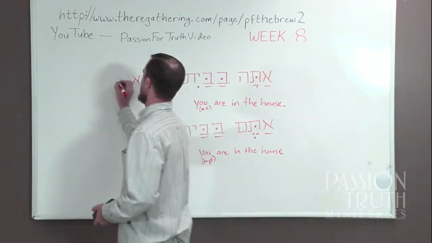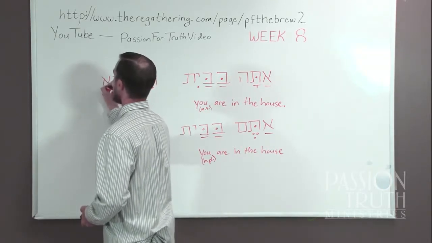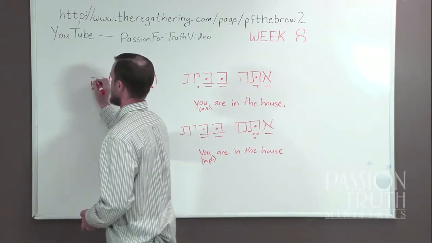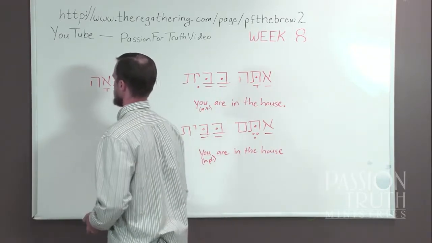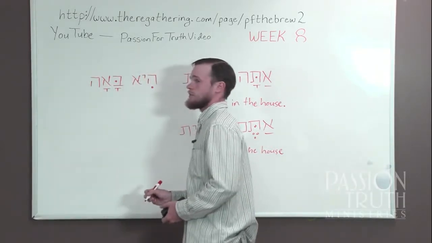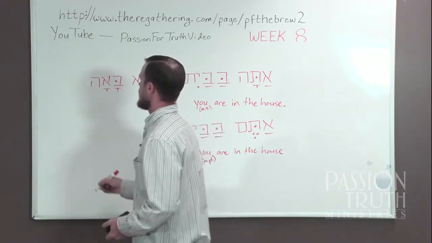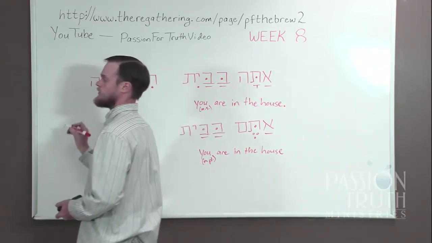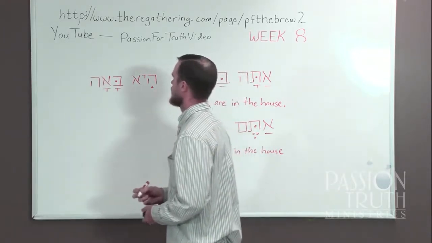Coming. Coming is ba, but since hi is feminine, we have to use the feminine form. We have to match the gender of the verb with the gender of the subject. So hi ba'a, okay, is coming to the house. She is coming to the house is what we're shooting for here.